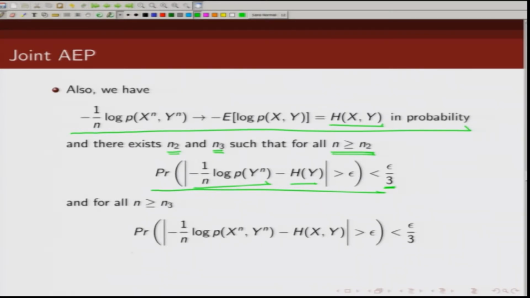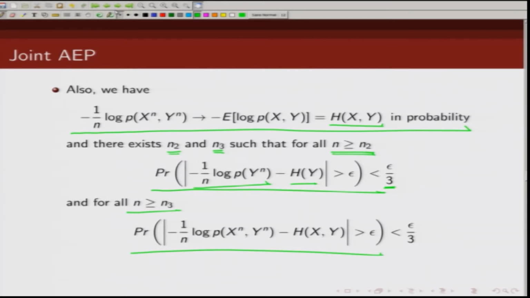And similarly, the probability that the absolute difference between the true joint entropy and the empirical joint entropy exceeds epsilon is less than epsilon by 3. And this holds for all n greater than or equal to n3.